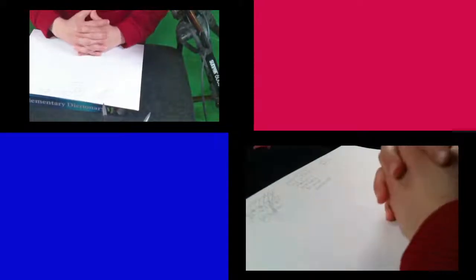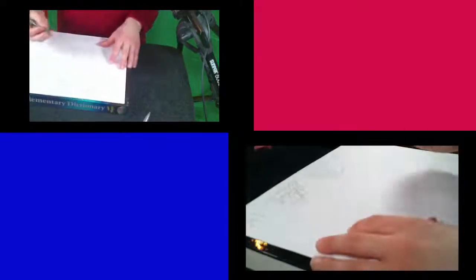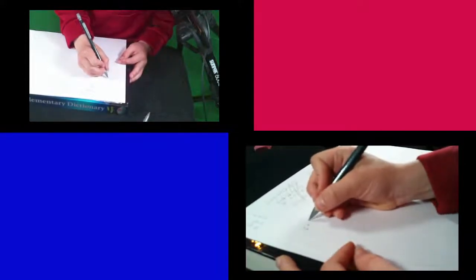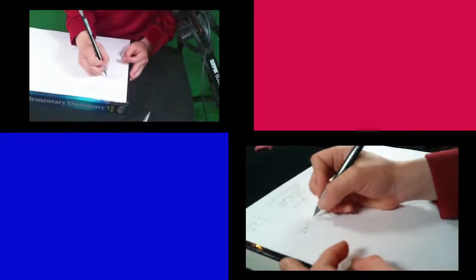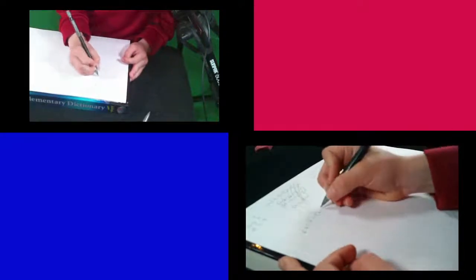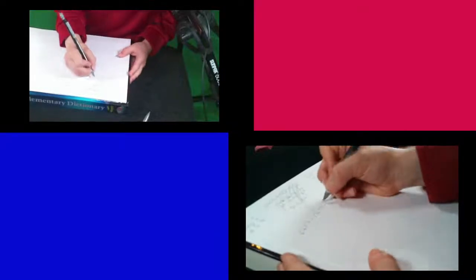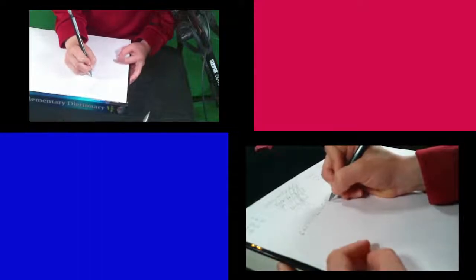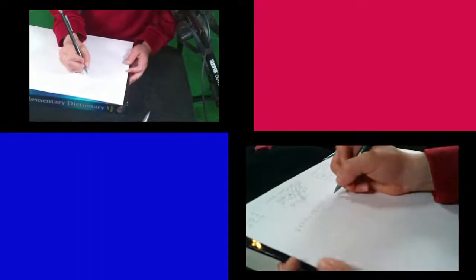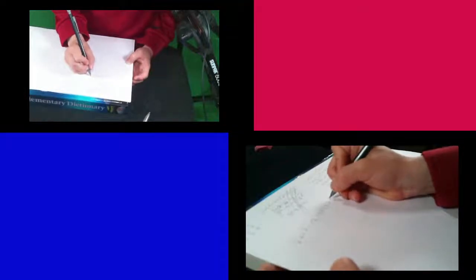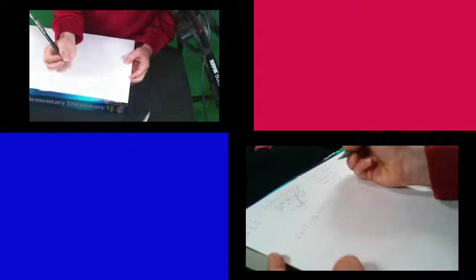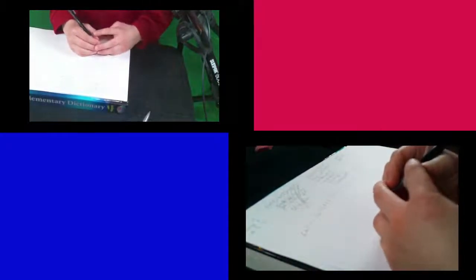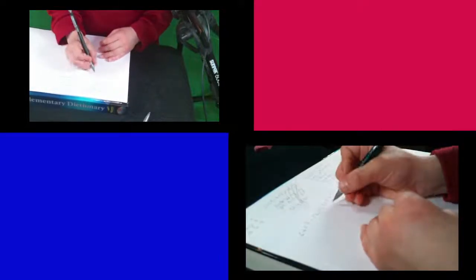Let's do our next problem, which is going to be 6 plus 5 to the power of 2 minus 12 plus parentheses 5 divided by 5 parentheses times 2. So we have parentheses in here. So we're going to use 5 divided by 5, which is 1.